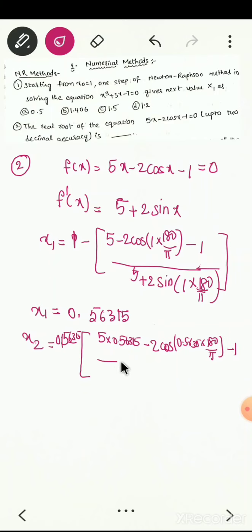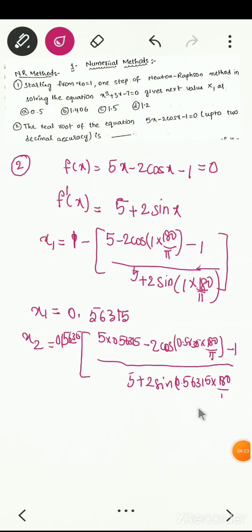Minus 1, divided by 5 plus 2 sin of 0.56315 into 180 by pi. Even though it is not visible properly, you are understanding, right? Then x2 is equal to 0.5426. I am getting it as 0.5426.